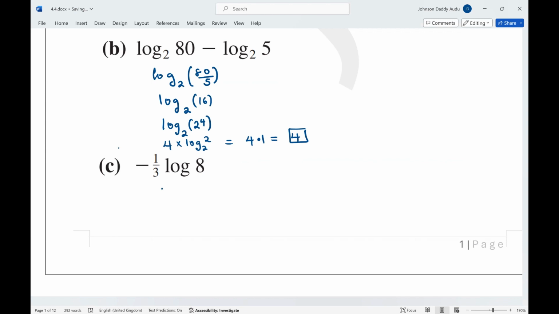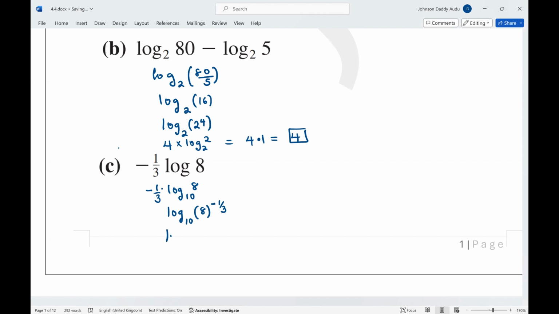So what we can simply do is, or in other words, let me write it. This is one third log to base 10 of 8. So this we can write as log to base 10 of 8 to power 1 over 3.